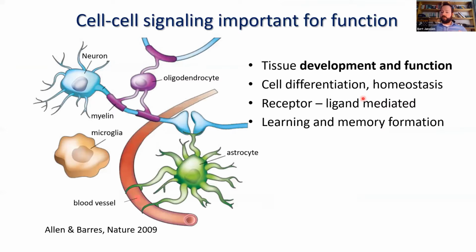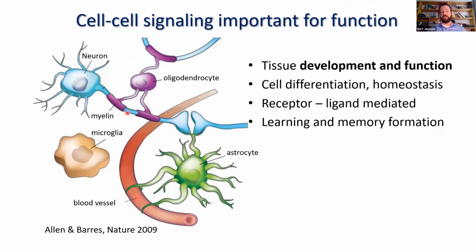And it's proteins on the cell surfaces that organize these interactions and this communication. For example, in our nervous system, there's an enormous amount of interactions between cells, of neurons that are interacting, for example, via synapses, or neurons that interact with oligodendrocytes that make the myelin.